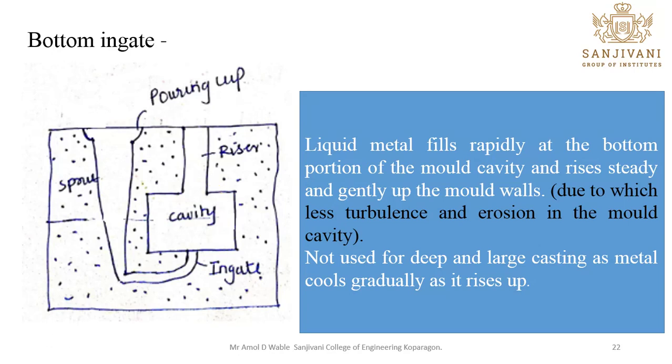This will reduce the effect of turbulence and erosion, but it will not be used for deep cavity shapes. If your component has more depth, this kind of ingate cannot be used.